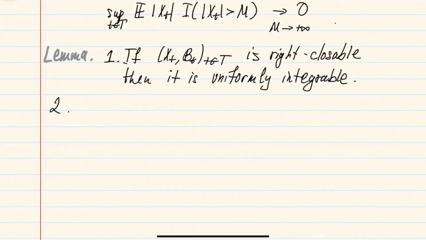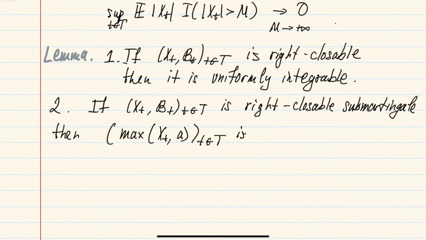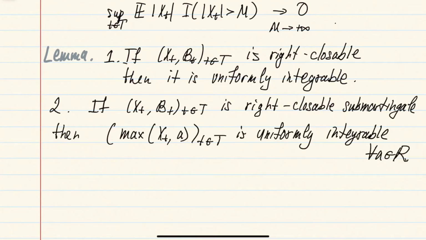So namely, if a submartingale sequence is right closable, then the truncation from below is uniformly integrable if you truncate from below at any real value a.